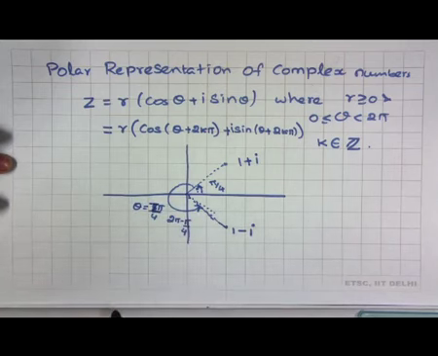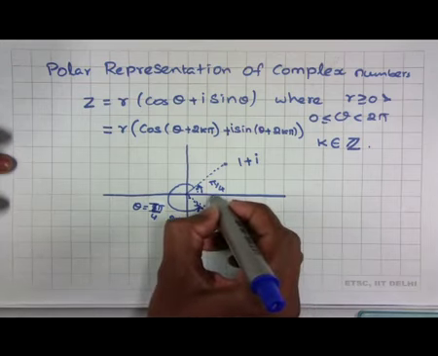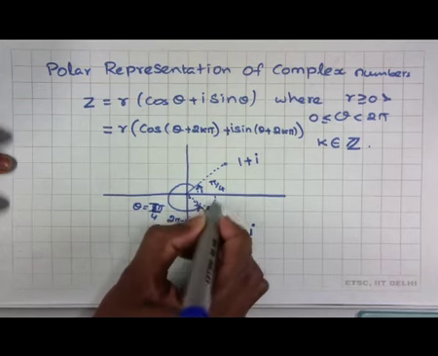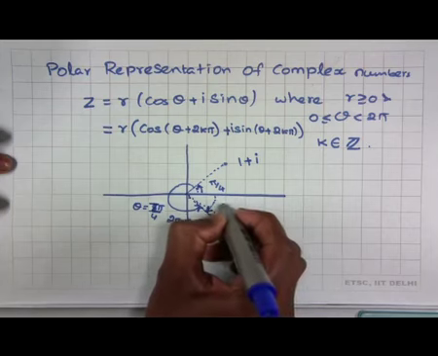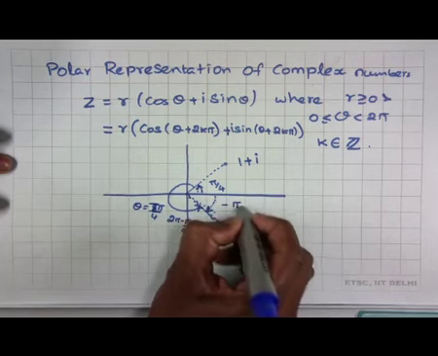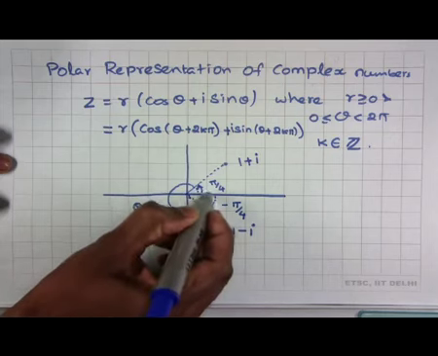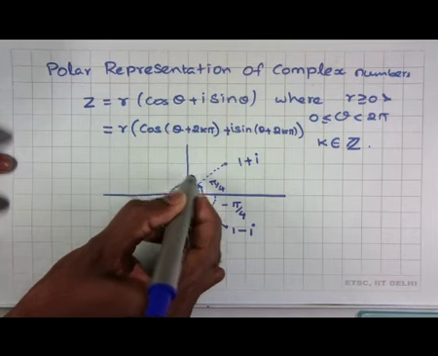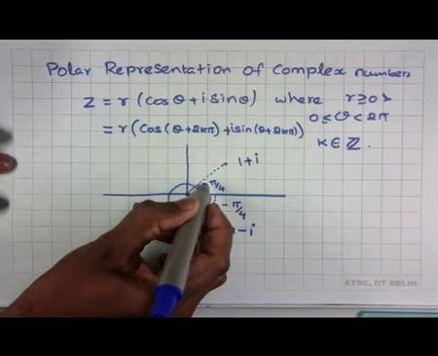The same angle can be realized by taking the clockwise direction from the x axis, which we denote as minus pi by 4. The reason is, when we are measuring the angle from the x axis, we are making the angle in the anti-clockwise, that is counter clockwise, direction.